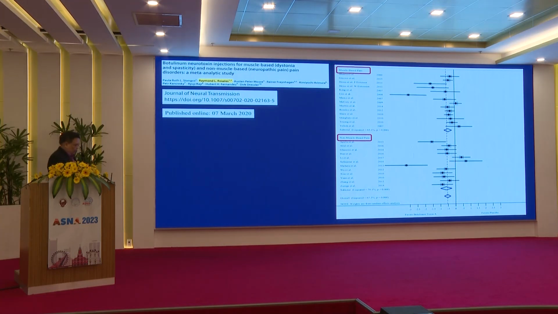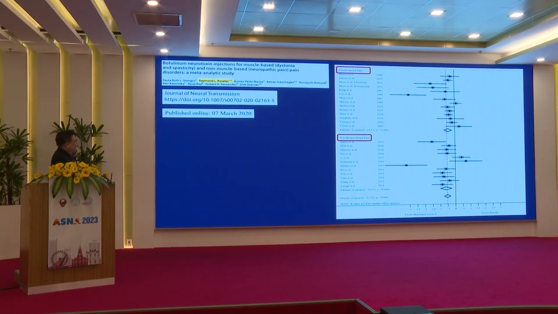But the other reason why I showed the slide is I want to mention pain. Pain in spasticity is an important phenomenology. And they say that if it reaches 60% in dystonia, it could easily be 20 to 40% in spasticity. And if you look at the muscle-based pain studies that were impacted upon by botulinum toxin versus the non-muscle-based pain studies, I refer, for example, to trigeminal neuralgia, diabetic painful neuropathy, complex regional pain syndromes.